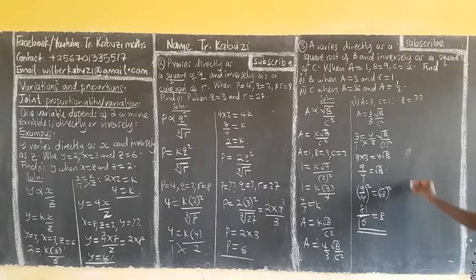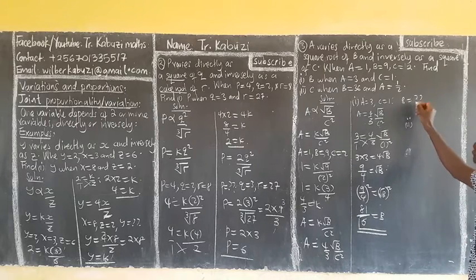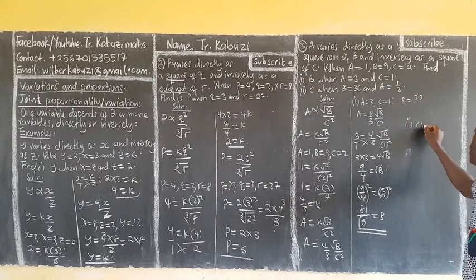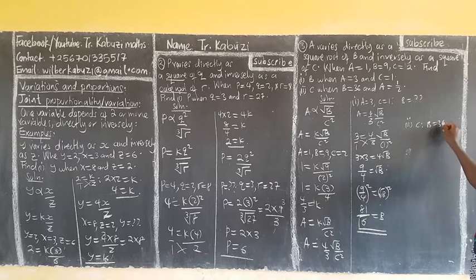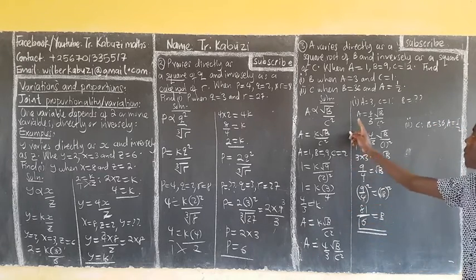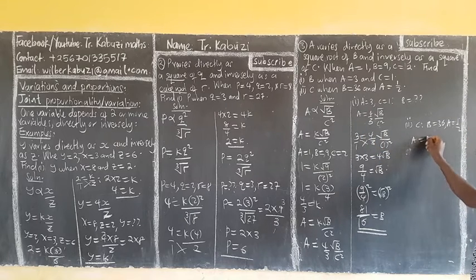So here, in Roman numeral 2, they want c when b is 36 and a is a half. You come back to your equation: your a is 4 over 3 root b over c squared. So your a is a half equaling 4 over 3 root b, where root b is the square root of 36, over c squared.